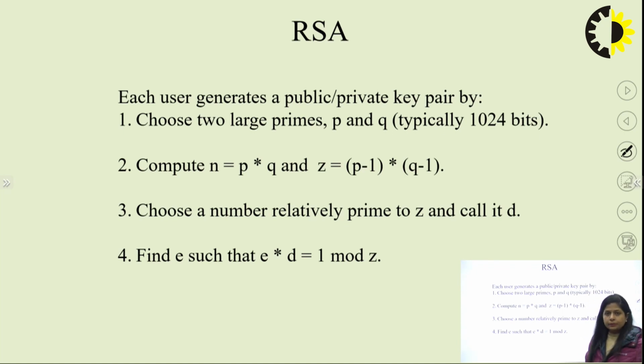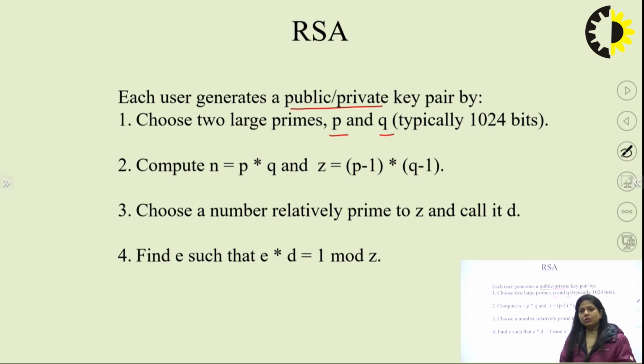In RSA, each user generates a public or private key pair. How is it doing that? It has to perform some steps. Number one, choose two large primes, P and Q, typically of 1024 bits.